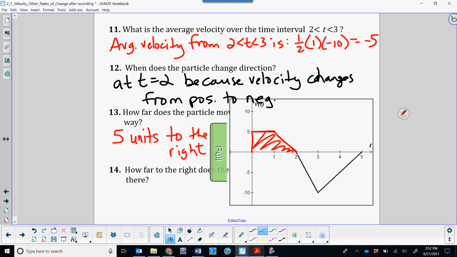I know that it goes 5, because I just found the first part, plus half of 5, 2.5. So it goes 7.5 units, whatever the units are, we don't have any. And it's at time t equals 2, whatever units those are if we have them. We're just going to add up those two things.